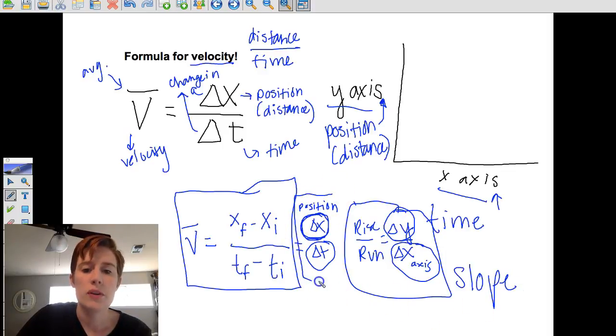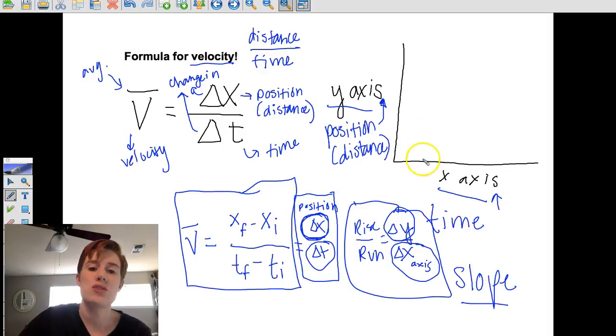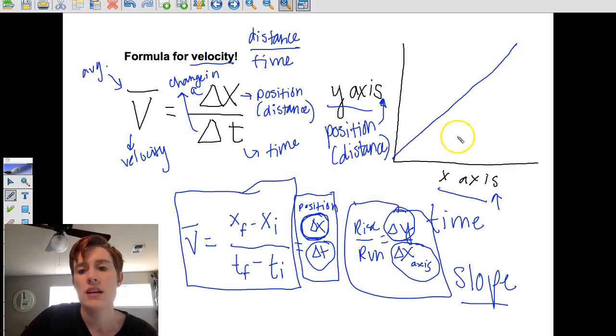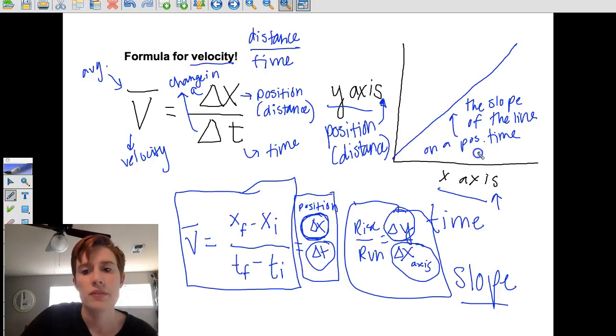So the formula for velocity looks a lot like the formula for slope, which is an interesting coincidence, because whenever you graph velocity, the slope of the line on a position time graph equals your velocity. It's called a position time graph because we're graphing position over time.